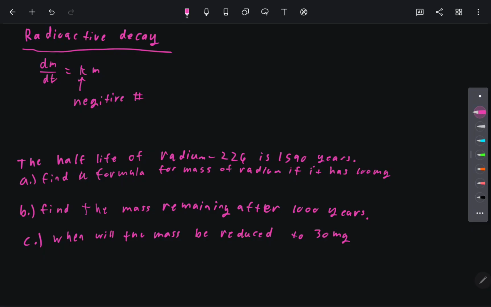So we want to find the half-life of radium, if the half-life of radium 226 is 1,590 years. So we want to find a formula for the mass of radium if it has 100 milligrams.